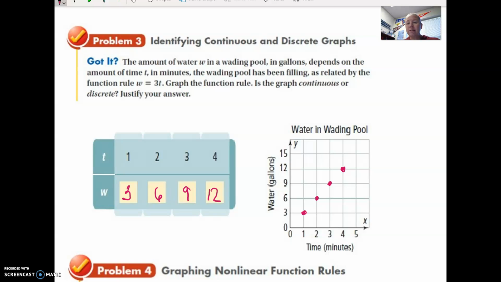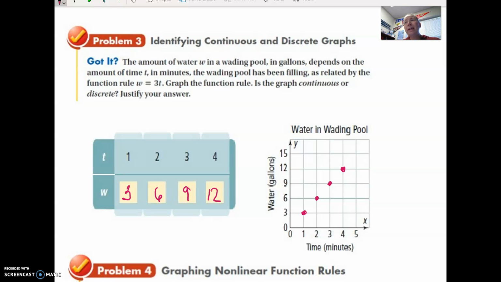The next part is deciding, is the graph continuous or discrete? So what we need to think about is asking yourself, would fractions make sense in this situation? Would it be okay if we only filled up the pool to 9.5 gallons or 9.3 gallons?